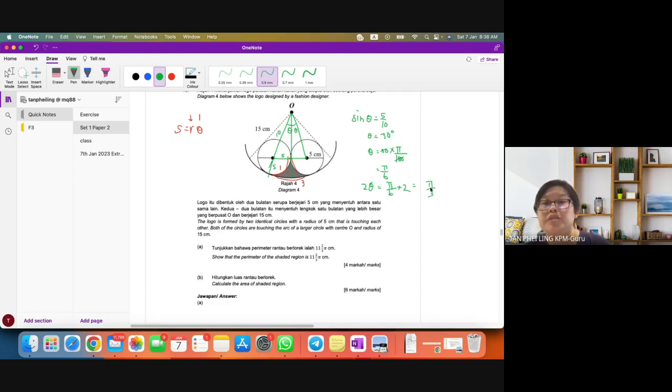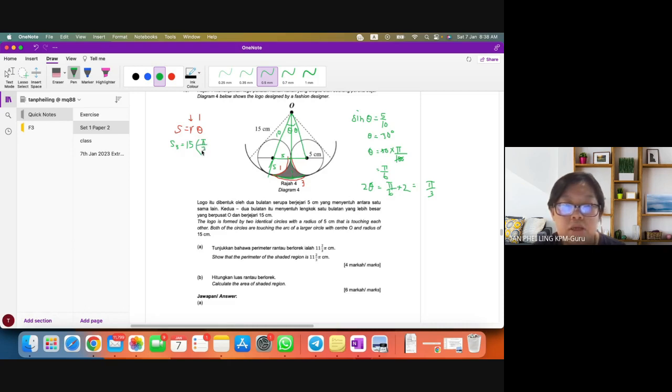Yeah, pi over 3. Okay, so now you got the s equals r theta, you got the theta. Okay, so now I think we can happily find out this part first. Okay, so let us find out the S3 first, because we label that as the third length that we want to find. So our radius for this one is a big circle, right? It's a big one. So our radius R is 15, and our theta here, we managed to find out that this theta is actually pi over 3.